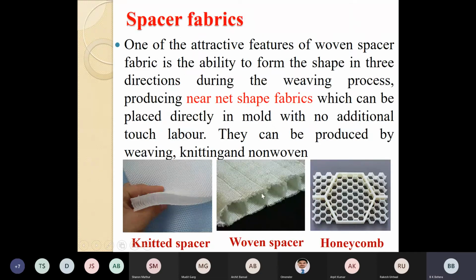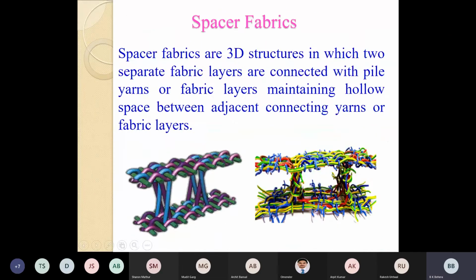For example, look, this is a spacer fabric, and this is its supporting wall. This supporting wall is not stitched to this. The skin is integrated with this wall by weaving itself. So integrity of wall to skin is automatically due to weaving technology itself. Here, look at this yarn.